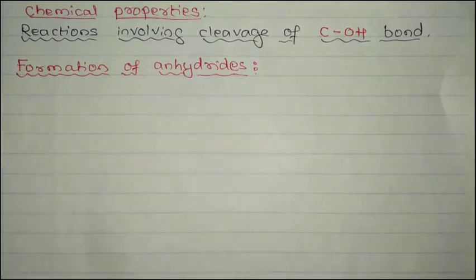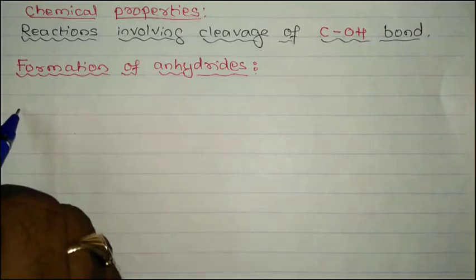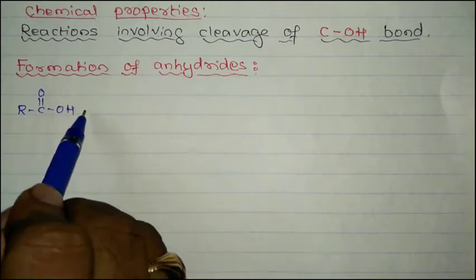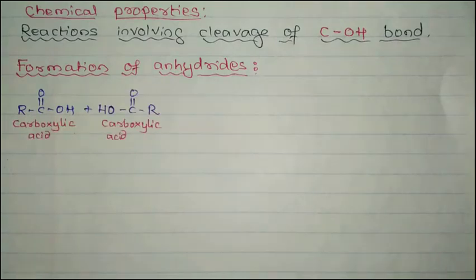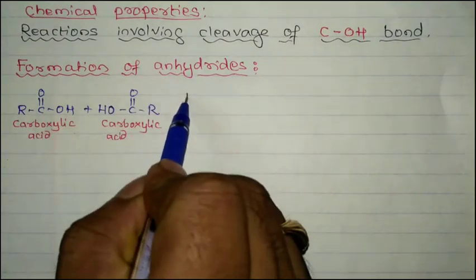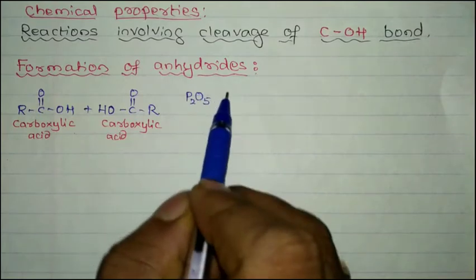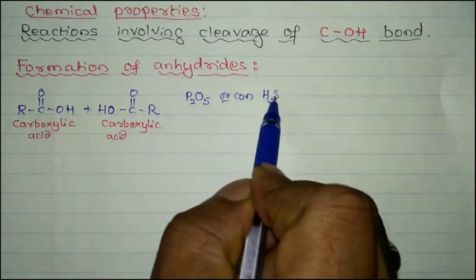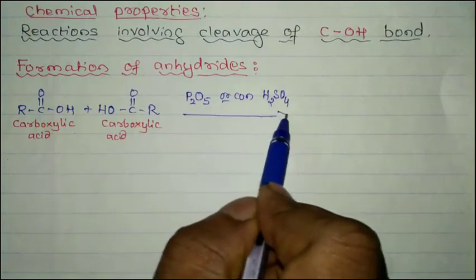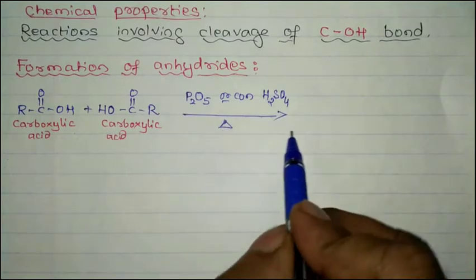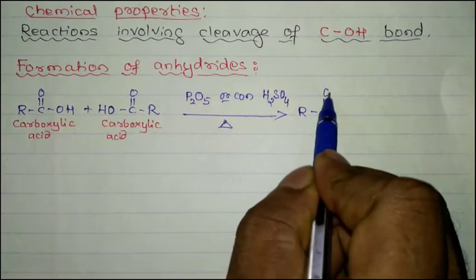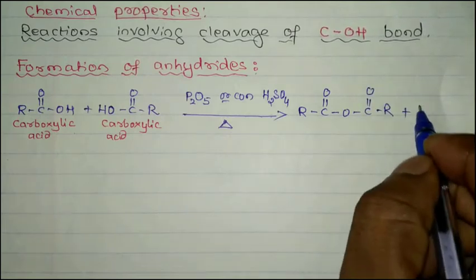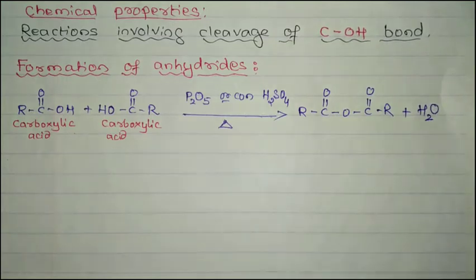When carboxylic acid, RCOOH, is heated with phosphorus pentoxide P2O5 or concentrated sulfuric acid, you are going to get anhydrides, RCOOCOR plus H2O. This is known as anhydride.